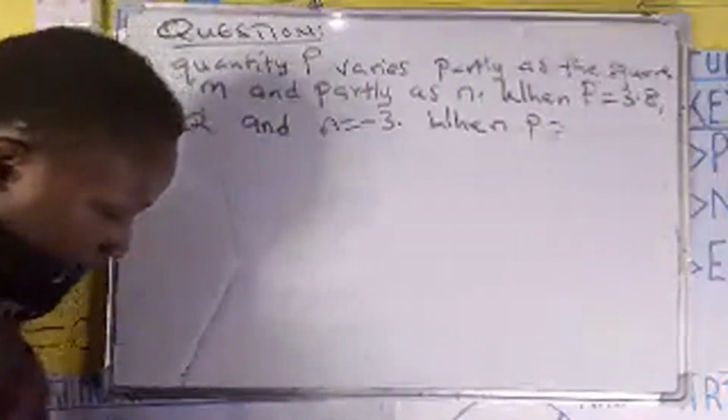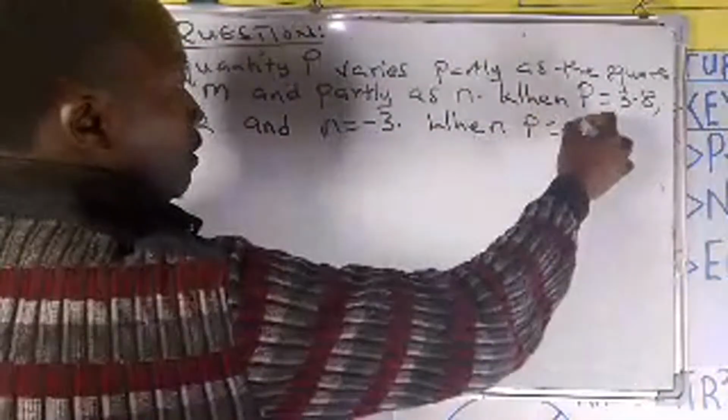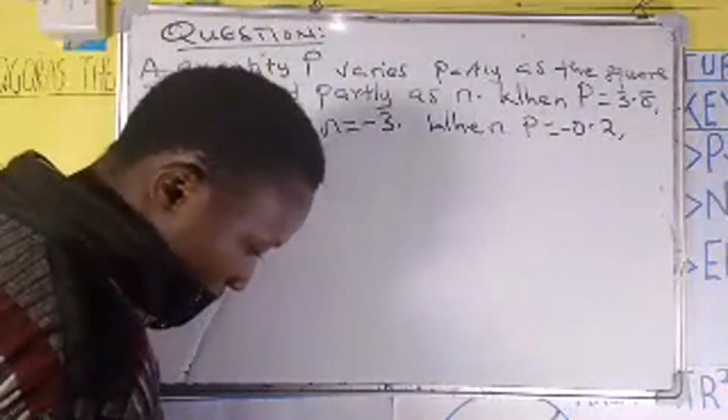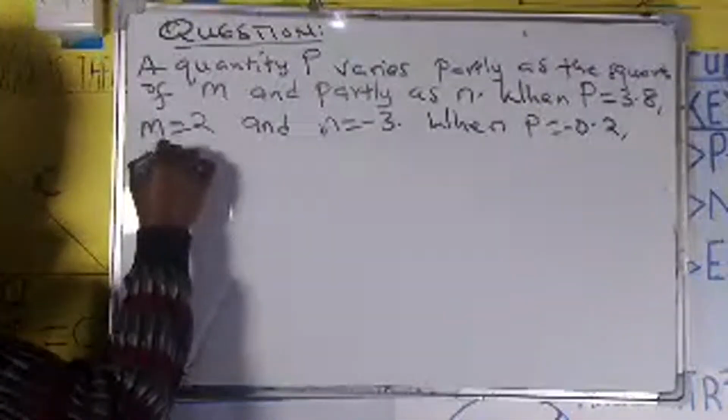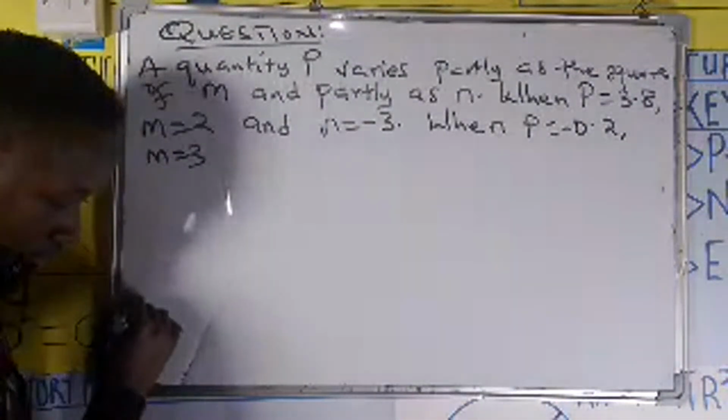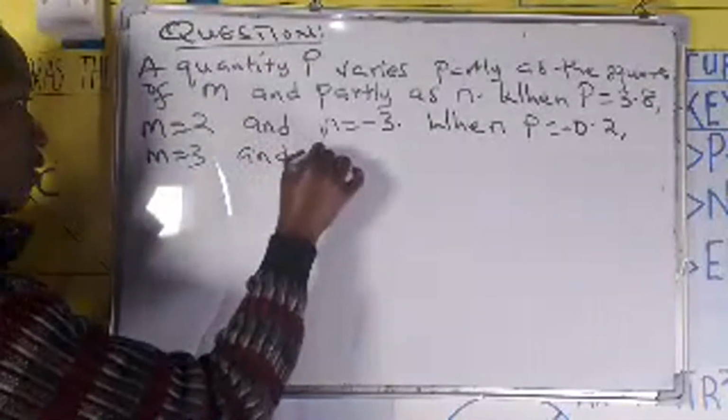When P is equals to -0.2, M is equals to 3, and N is equals to 4.